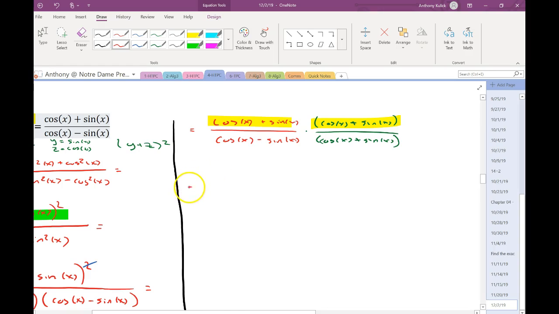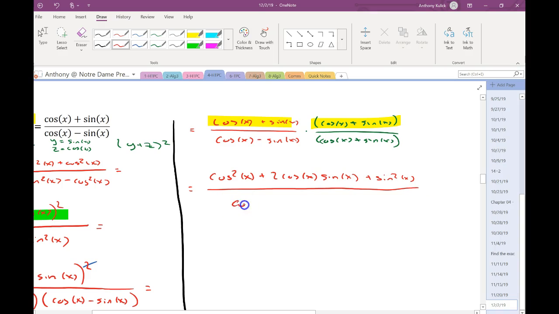All right. So now, when I FOIL out the numerator, and when I FOIL out the denominator, I get this. In the numerator, I see 1. That locks the numerator to be exactly what I need it to be.